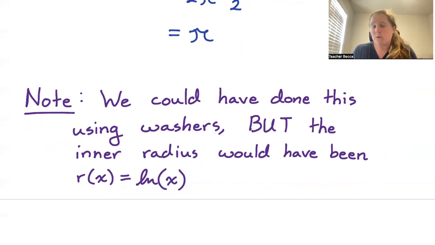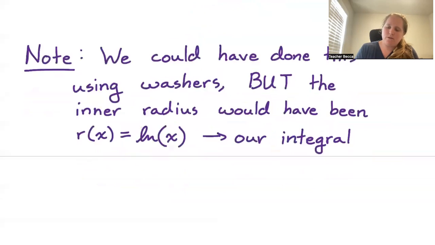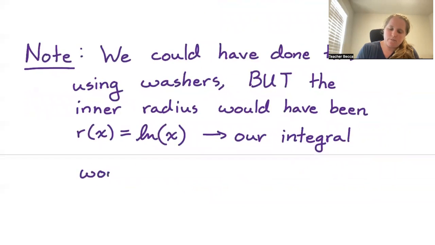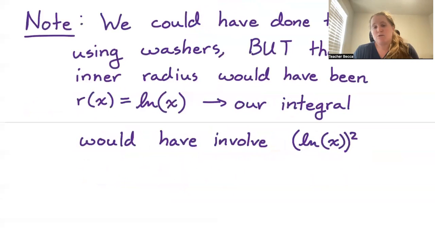And so our integral would have had a natural log squared involved. And so in this case, I just find shells to be easier.